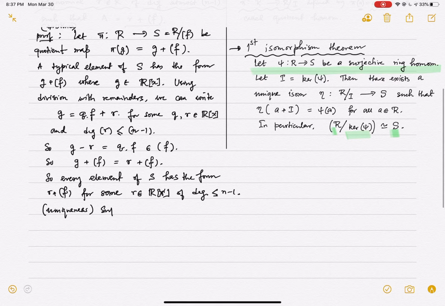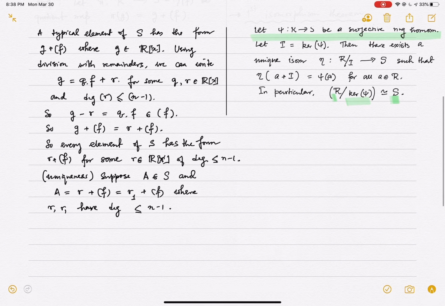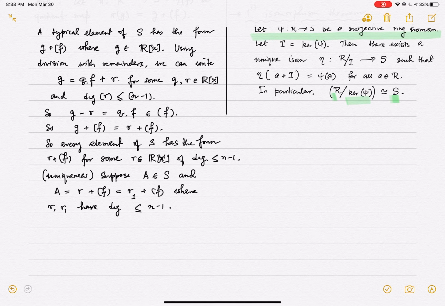So suppose A in S again, and you wrote it as represented by two polynomials, R and R1, where both have degree strictly less than n. So an element of S has been represented by R, also has been represented by R1. I want to show that R is actually R1.